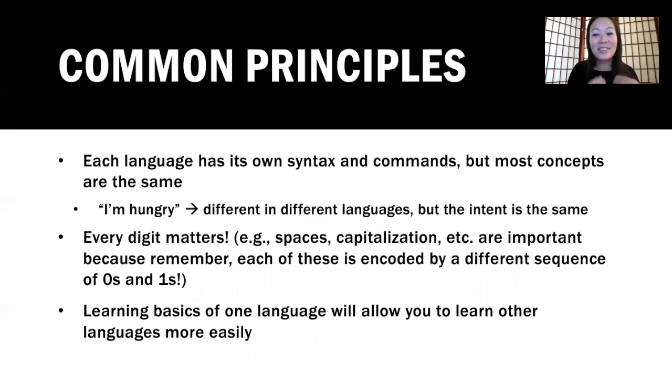So you'll learn how to do the same commands, but across different languages, and they'll just be said differently or typed to the computer differently. Like I said before, when we were talking about binary, every single digit matters. So spaces, capitalization, etc., are all really important because each of those is encoded by a different sequence of zeros and ones, and the computer will get very confused and give you errors if you have the wrong one.